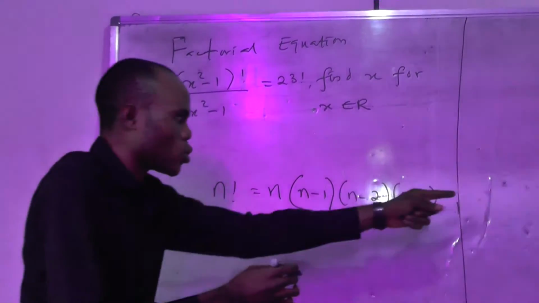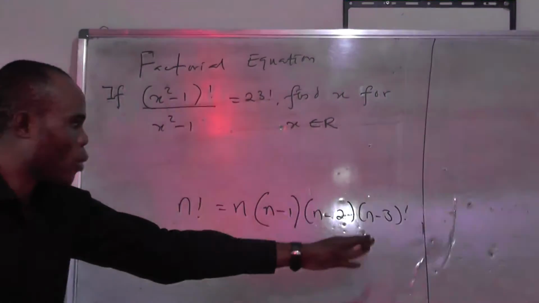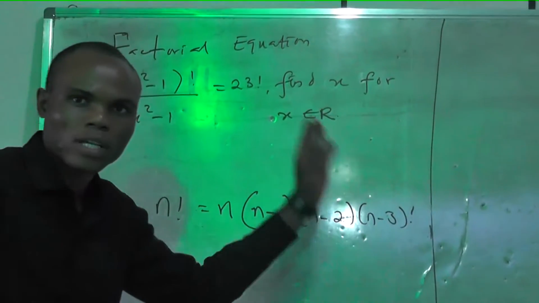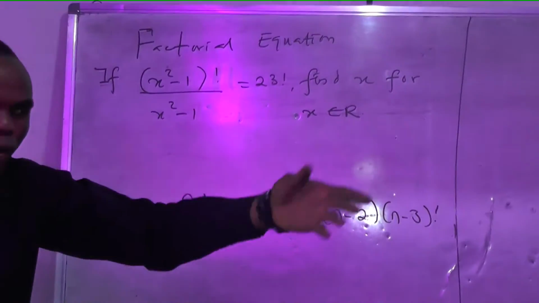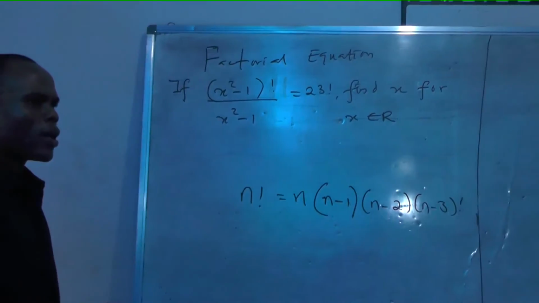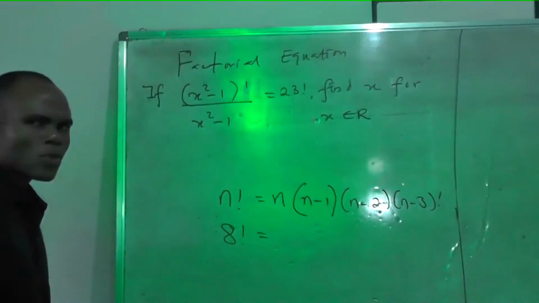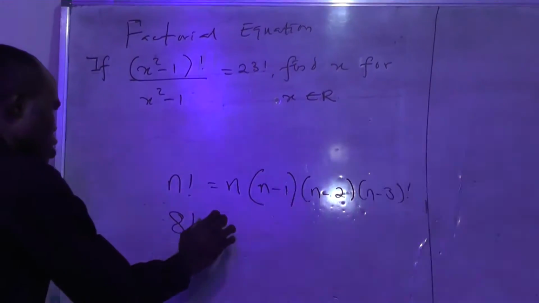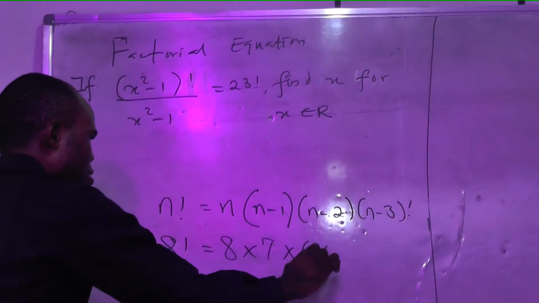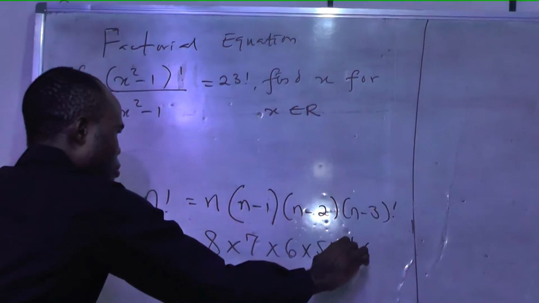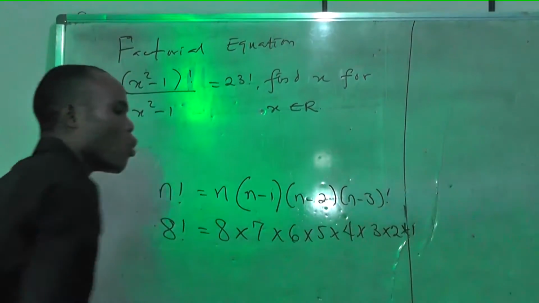So in order for us to continue, we add factorial to the last number, which means n minus 3 factorial also continues, so n minus 4, n minus 5, n minus 6, and so on. Now this simply means that if I give you, for example, 8 factorial, it will be written as 8 multiplied by 7 by 6 by 5 by 4 by 3 by 2 by 1.